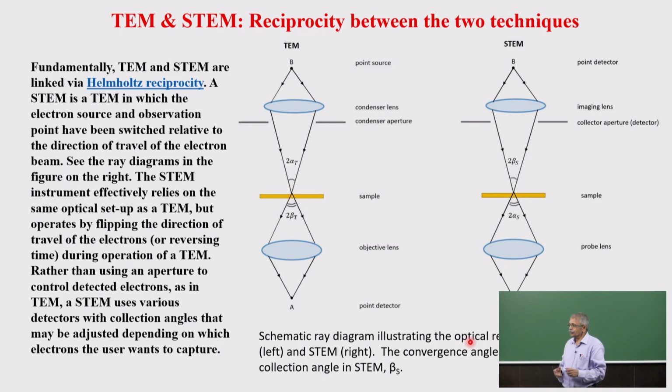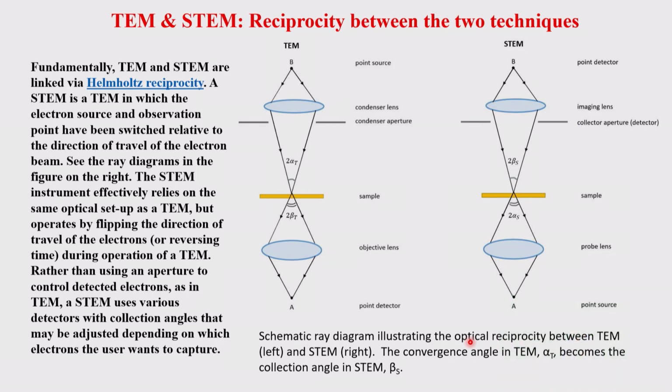So in this you can do two methods. One is the TEM, the other is the STEM. These two are reciprocal in terms of their methodology. This is for the TEM and this is for the STEM. Here the point source is coming from this direction, and in the STEM the point source is coming from this direction.